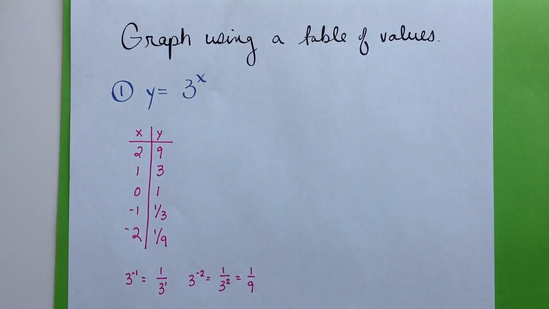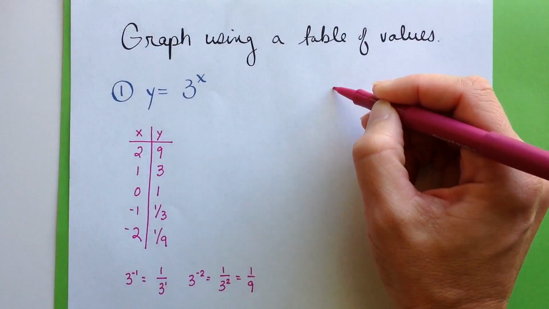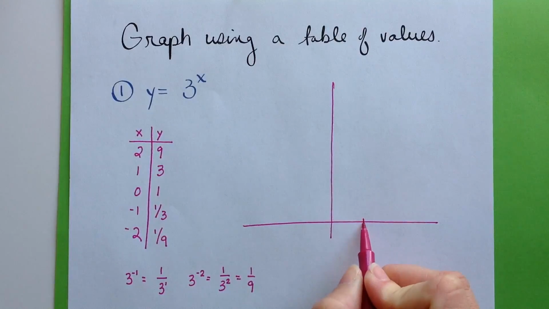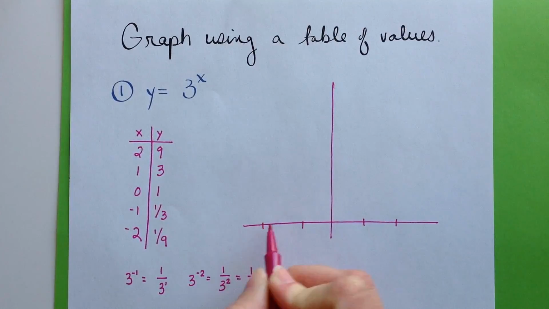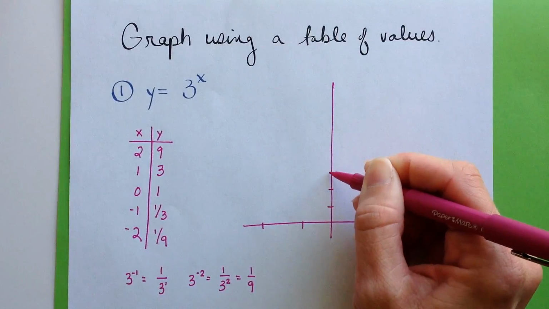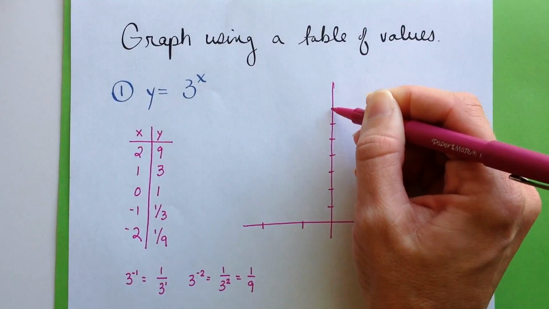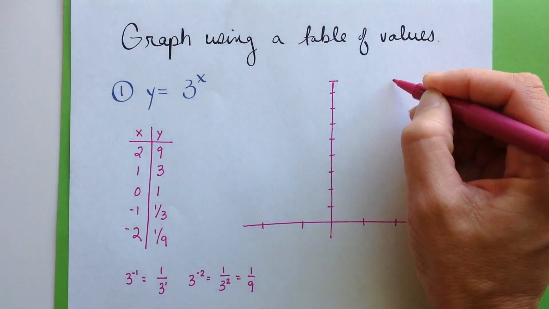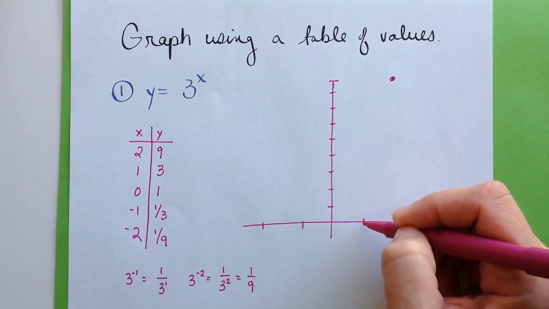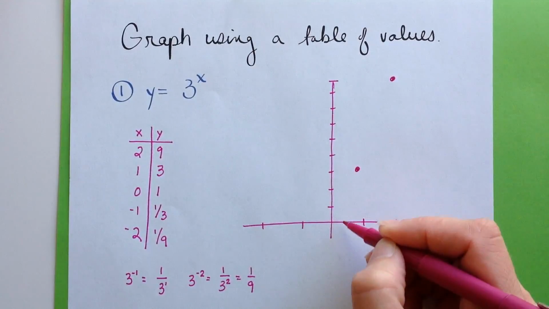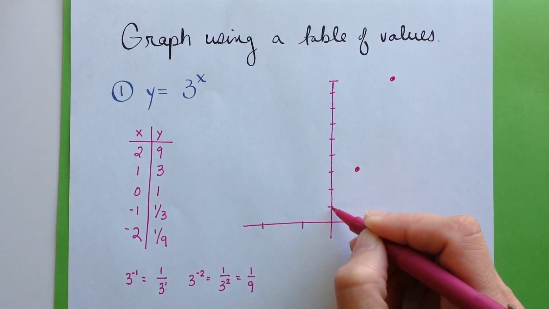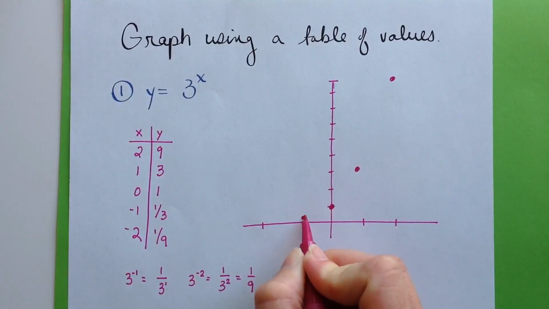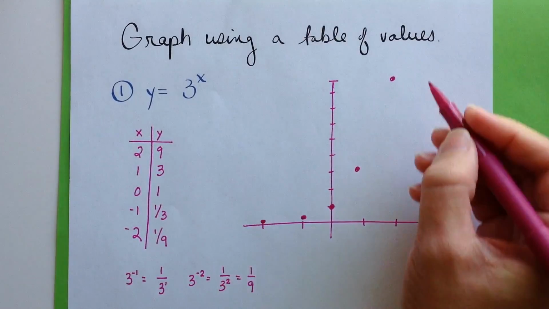Okay, now taking these and graphing them. Plotting the points (2, 9), (1, 3), (0, 1), (-1, 1/3), and (-2, 1/9).